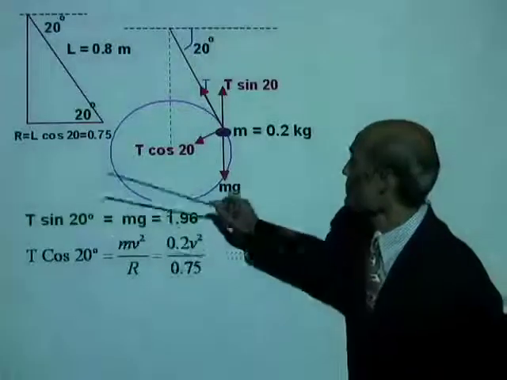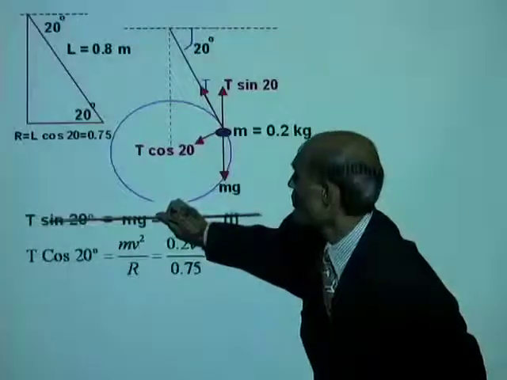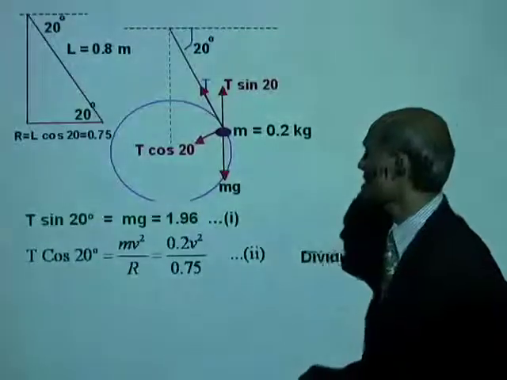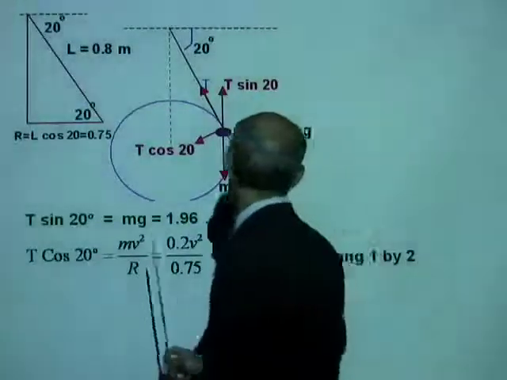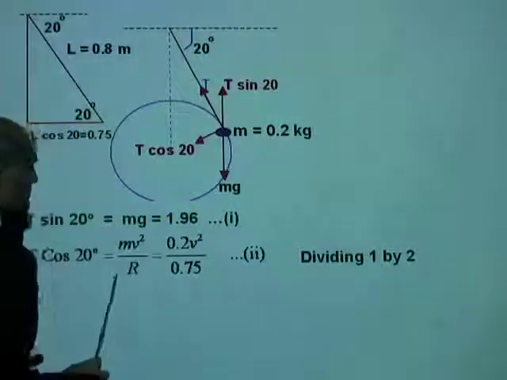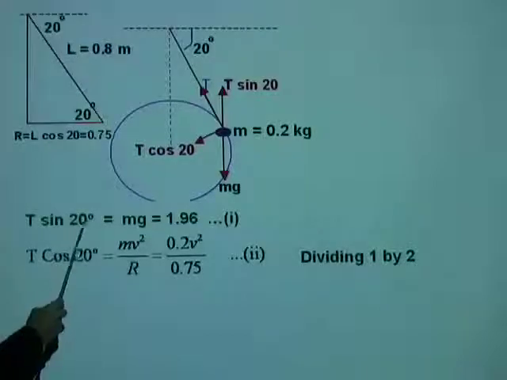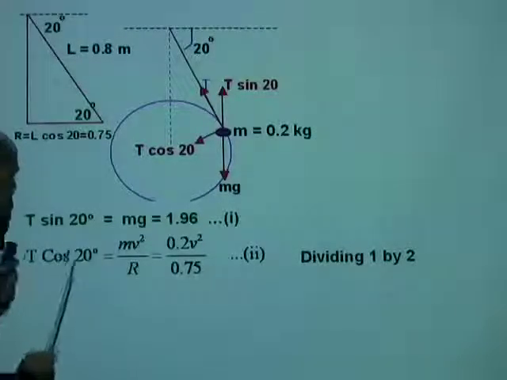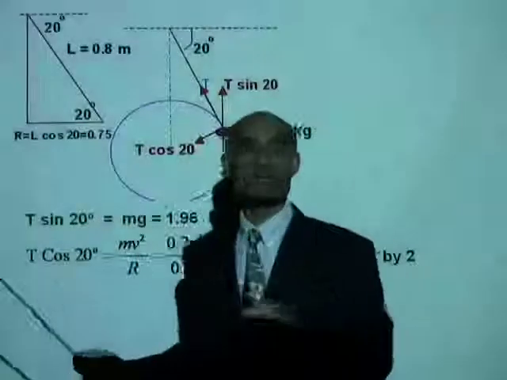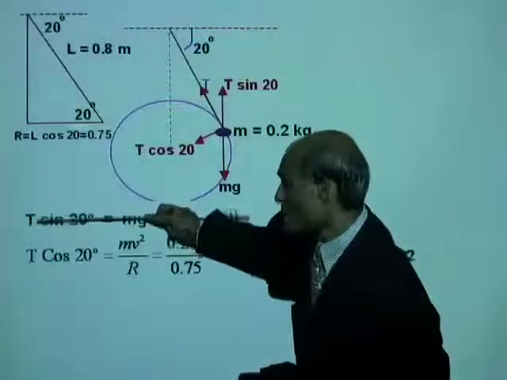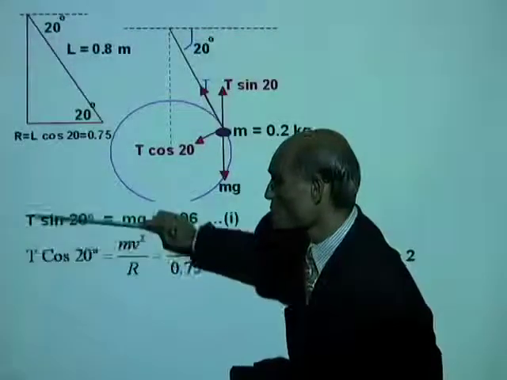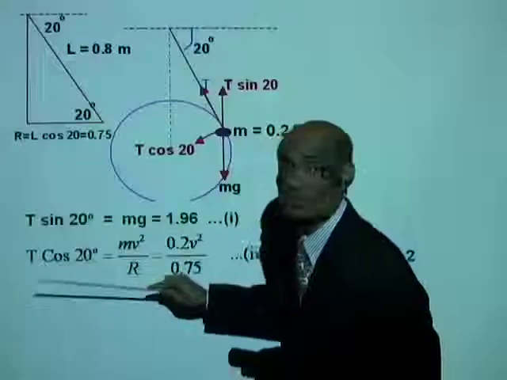Now, if you divide the first equation by the second equation, what does that give you? Divide 1 by 2. T sine 20 divided by T cos 20. What does that give you? The T's will cancel.